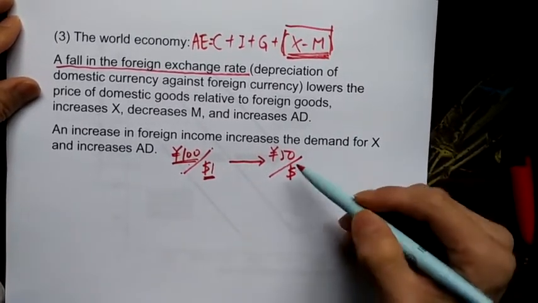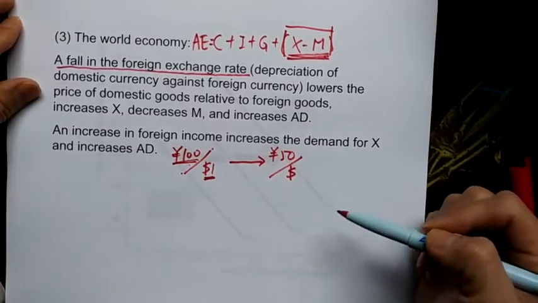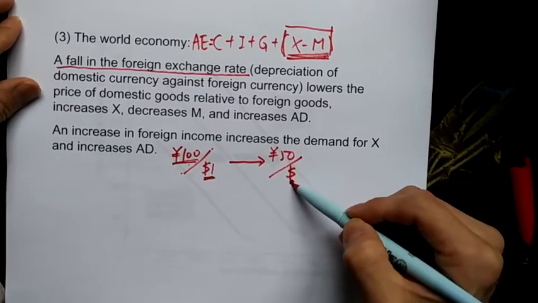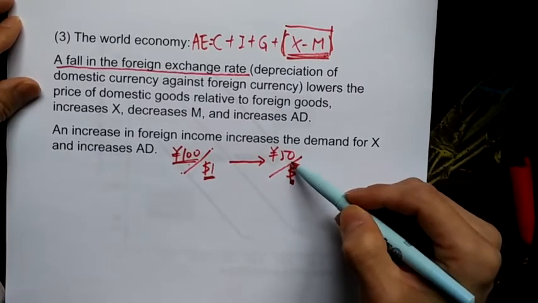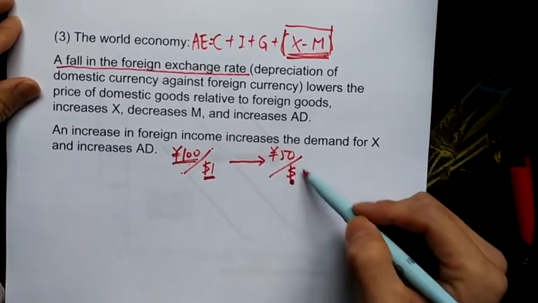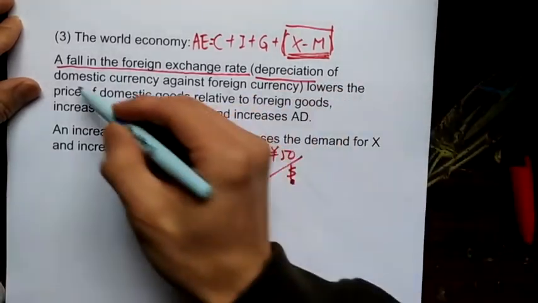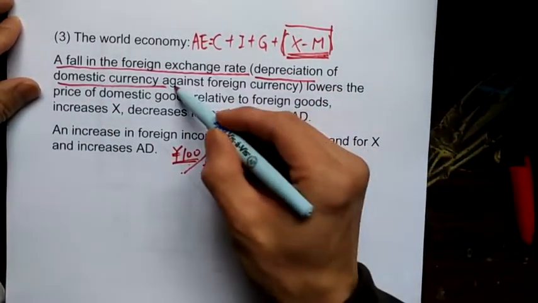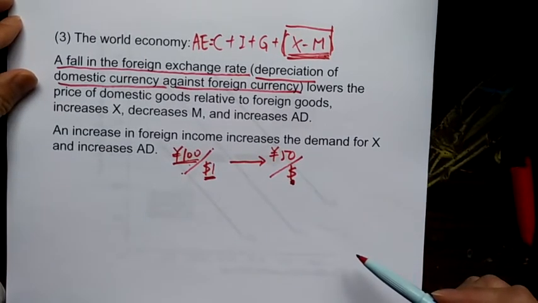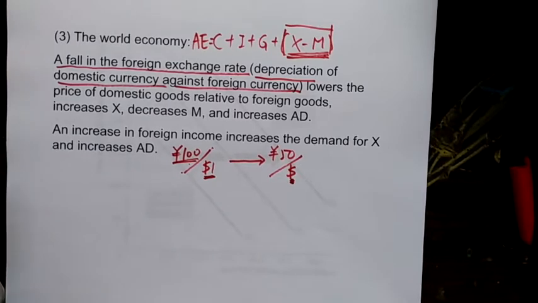Now, we can only use $1 to buy 50 yen. So the value of our dollar decreases against yen, right? Because we can buy less yen with our dollar. So we call that the dollar depreciates against yen. If the dollar depreciates against yen, what will happen?